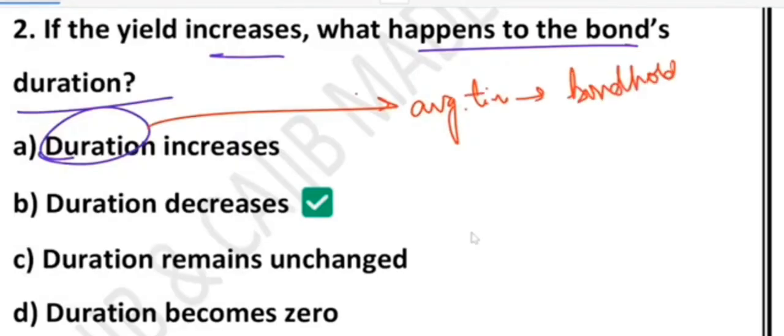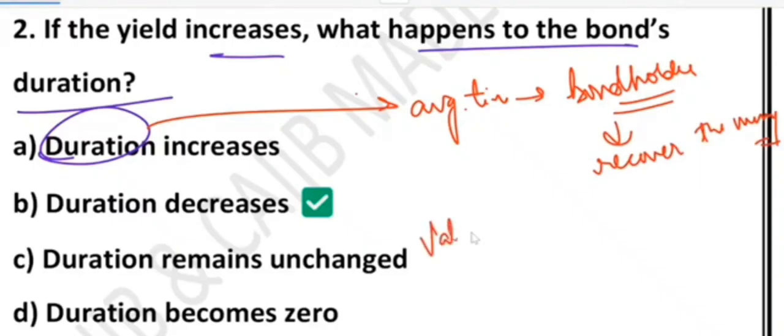Suppose there is a bond holder, how much time will it take for the bond holder to recover the money? Because the bond holder has invested the money, right? So how much time will it take to recover the money that they have invested in the bond? So it is not just about time. It's also about the value of future payment.